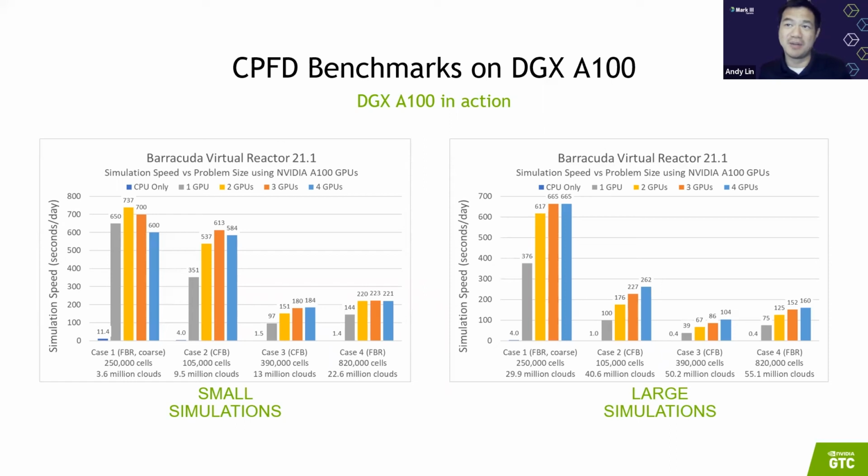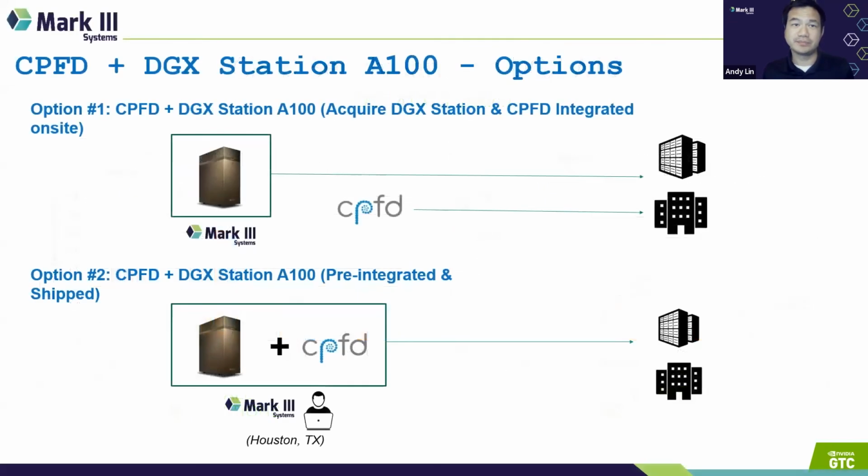Some of the numbers cited were 50 to 400x improvement for these large simulations. So, what does this mean essentially? Small simulations, large simulations, you can get exponentially more work done. You can explore exponentially more ideas, and this is all enabled through the DGX platform from NVIDIA.